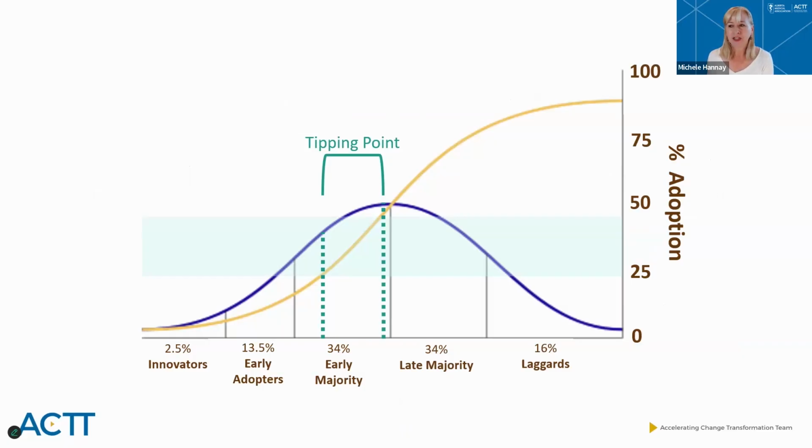There are many different actual percentages that are listed as when the tipping point occurs. More likely, it's a range of percentages, and it probably depends on whatever the change or innovation is. But the key point is that that tipping point happens during the early majority.